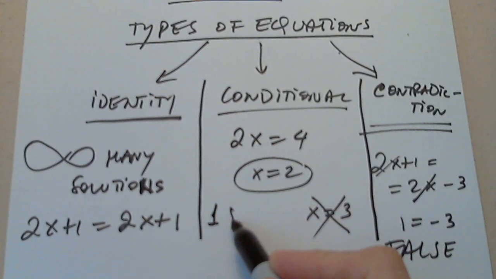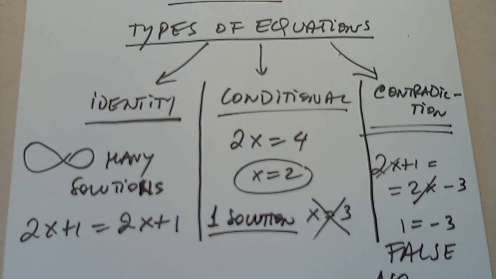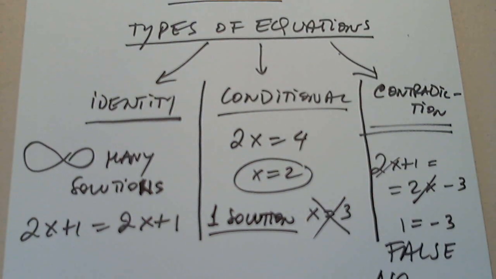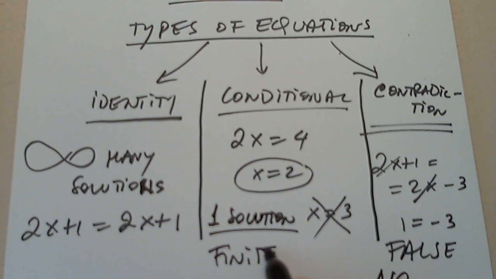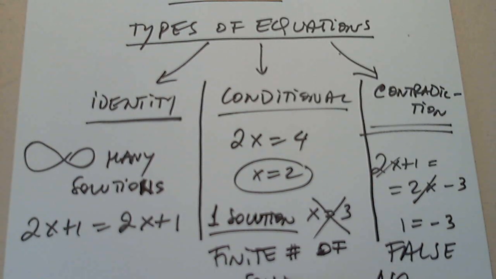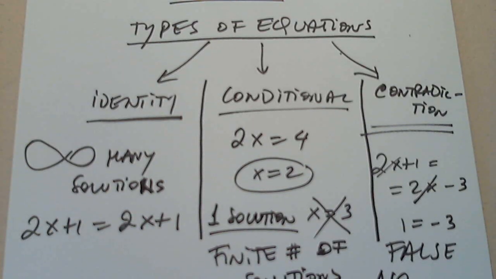This one has one solution. It may have 2 solutions. It may have 4 solutions. It may have 5 solutions. But a specific finite number of solutions. A specific number of solutions.